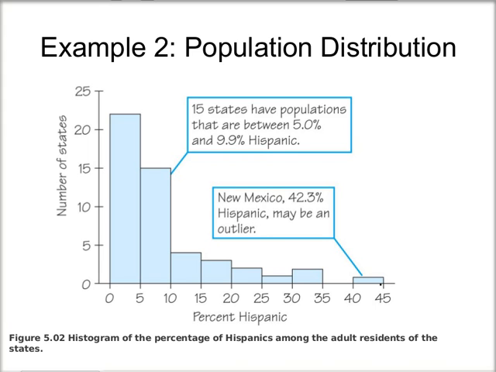An outlier is a point that is outside of the rest of the data. So it looks like I've got high percentages here, and they kind of trail off, and most of them fall off by 35%, but I've just got one state that's kind of out here on its own, and that could be an outlier.